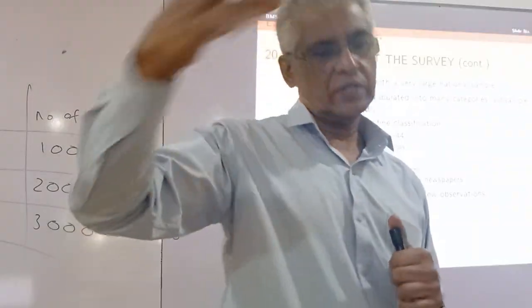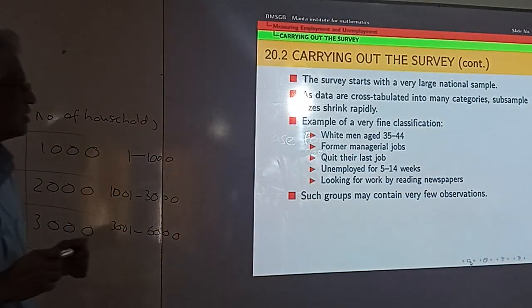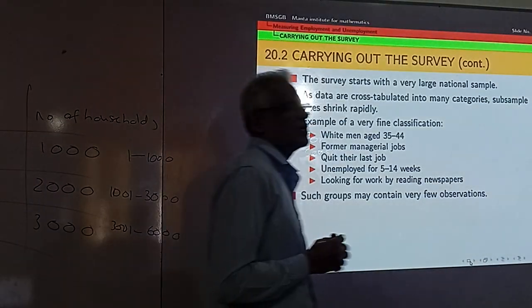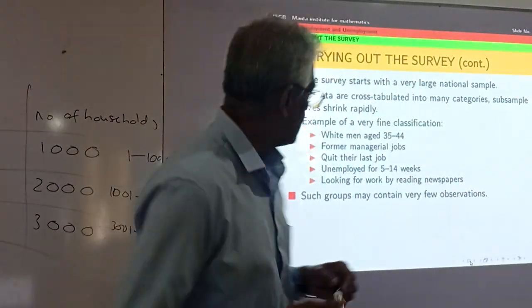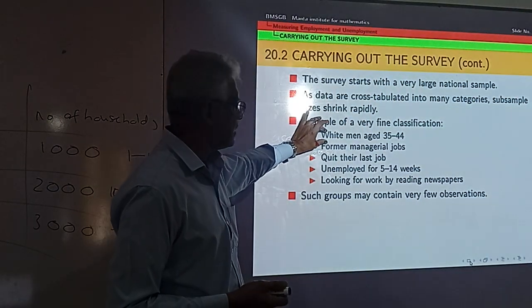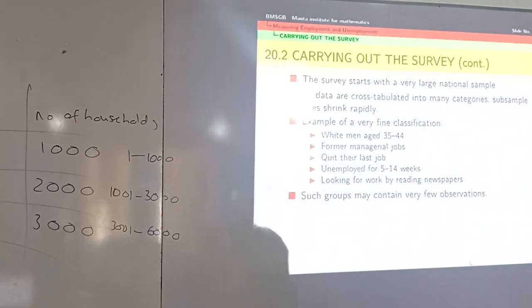If they publish the unemployment rates for these groups, sometimes they may not be really reliable, because the number of people in each of these subgroups may be very small.